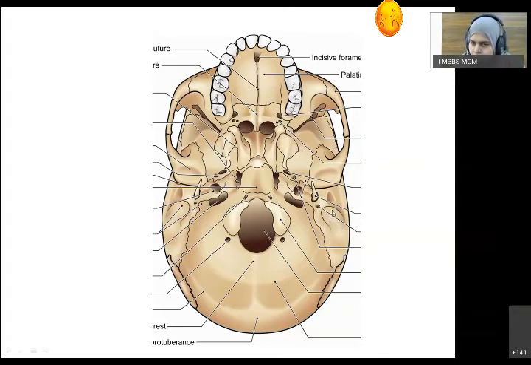In adult life, this stylomastoid foramen is protected by the mastoid process, but till the age of 2 years the mastoid process is not developed. So the stylomastoid foramen is directly exposed laterally, and through it the facial nerve passes.